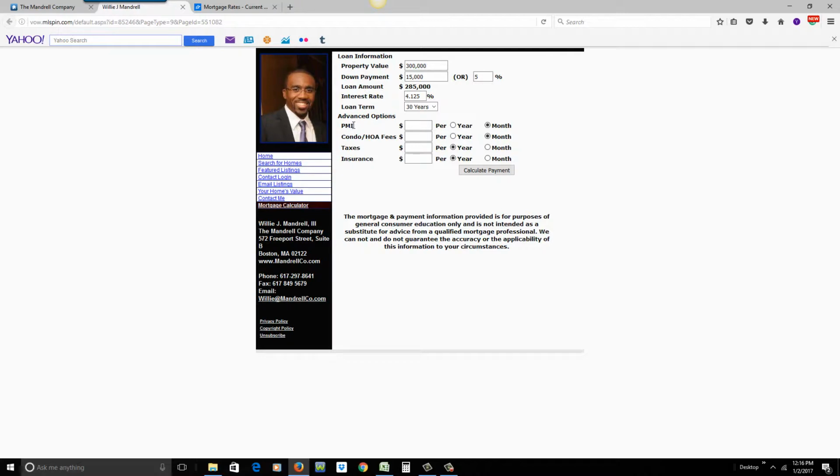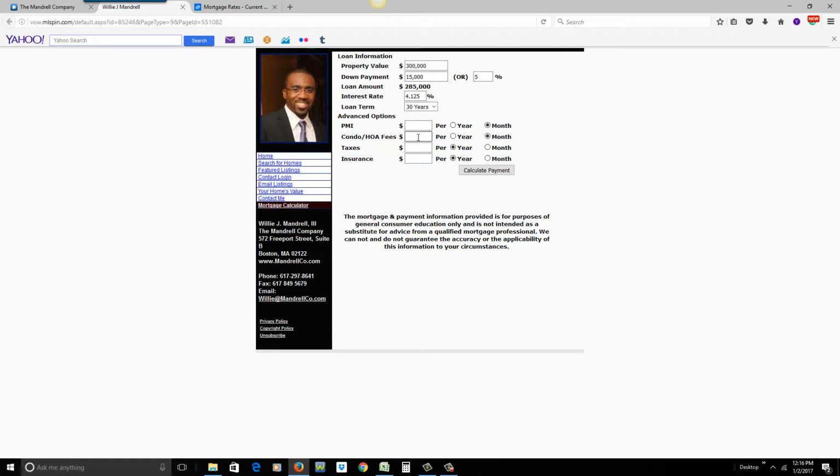PMI is primary mortgage insurance. Again, when you speak to your mortgage broker, if you are in a Federal Housing Administration loan, or an FHA loan, you will have PMI, and your mortgage broker will be able to tell you exactly what that is. If you are purchasing a condo, most likely on your MLS listing you will be able to pull the condo fee, and you can plug that number in as well.